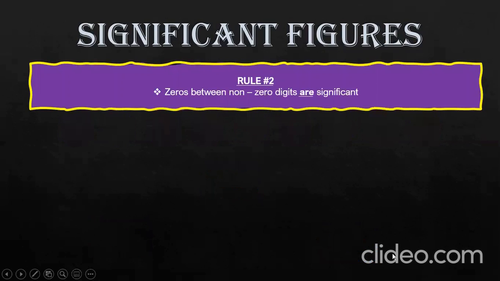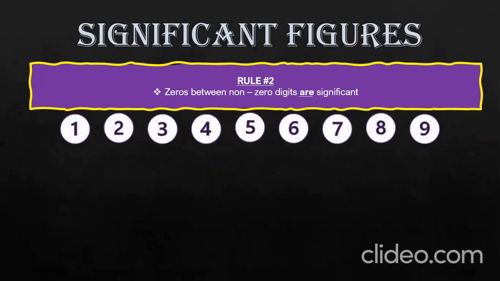Simple. The second thing we need to consider is that zeros between non-zero digits are significant. And again, just reminding you what non-zero digits are, 1 to 9. So if you have a 0 falling between any of those, then the 0 becomes significant. It is counted as a significant figure. So let's say, for example, 702.